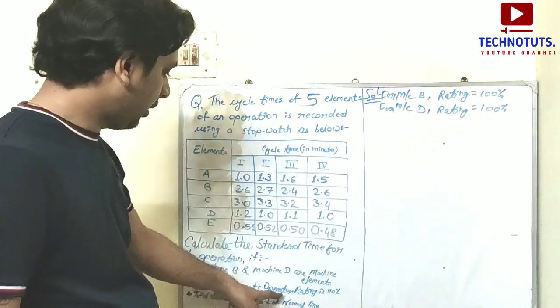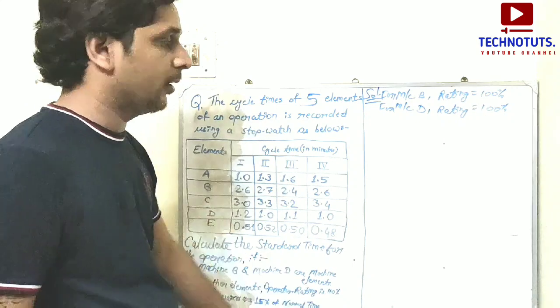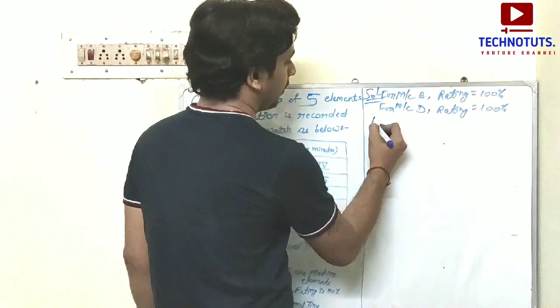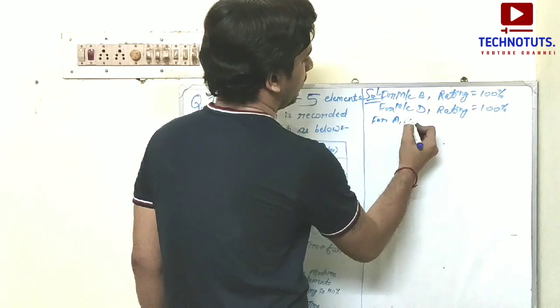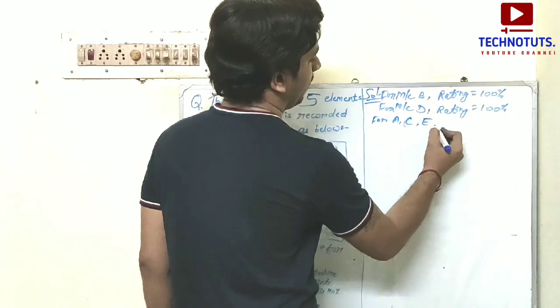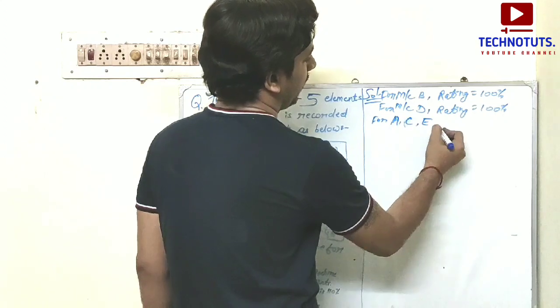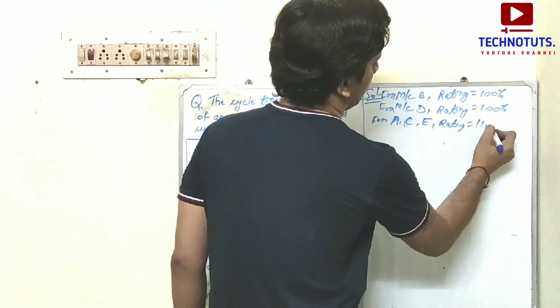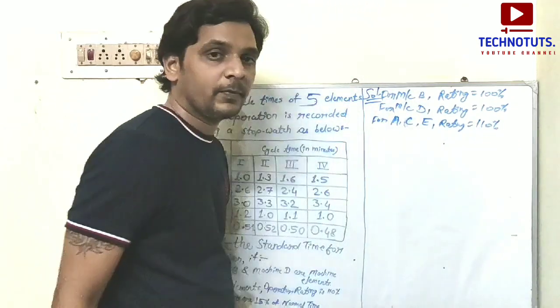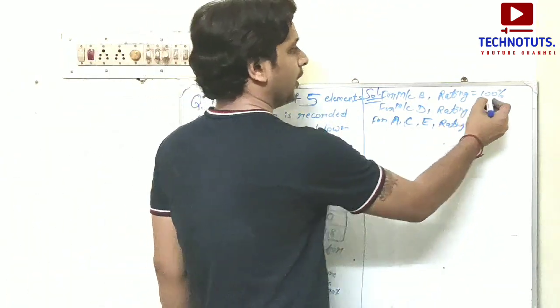Now, for the other elements, the operator rating is 110%. Other elements means A, C and E, for which the rating is 110%. Friends, it is in the form of percentage.